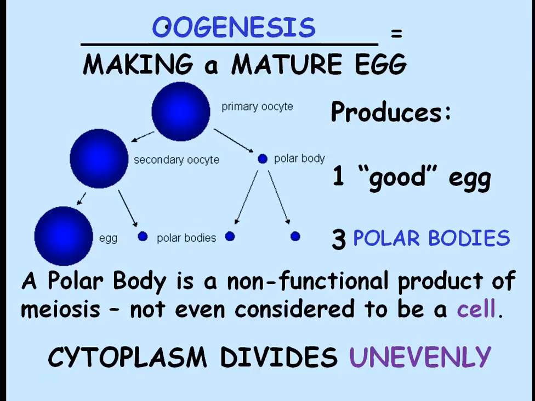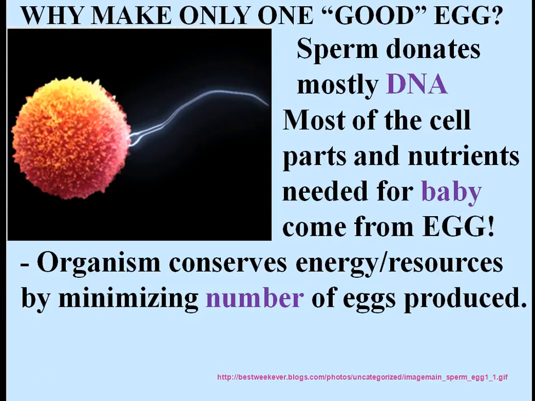So during oogenesis, or meiosis for an egg cell, only one mature egg is being made, whereas in spermatogenesis, there are 4 mature sperm cells being made every single time going through meiosis. Okay, so why only make one egg? Well, that one egg actually has all the nutrients and necessary resources to be healthy and grow properly, because the egg cell is what is going to be providing those necessary resources, not the sperm cell.